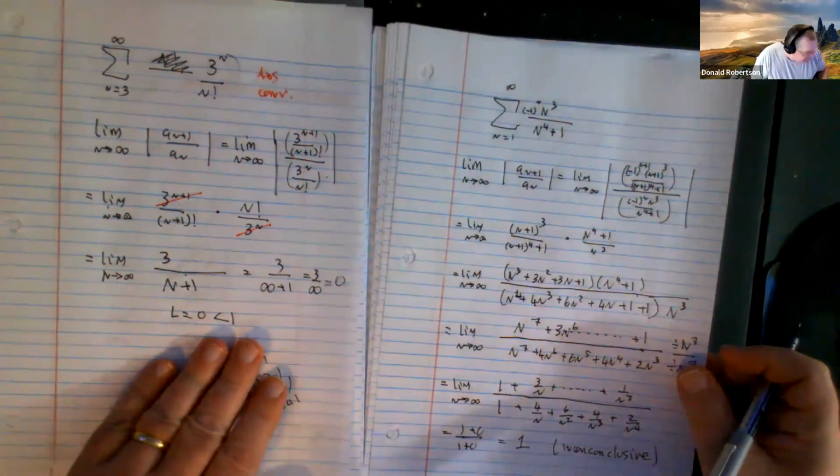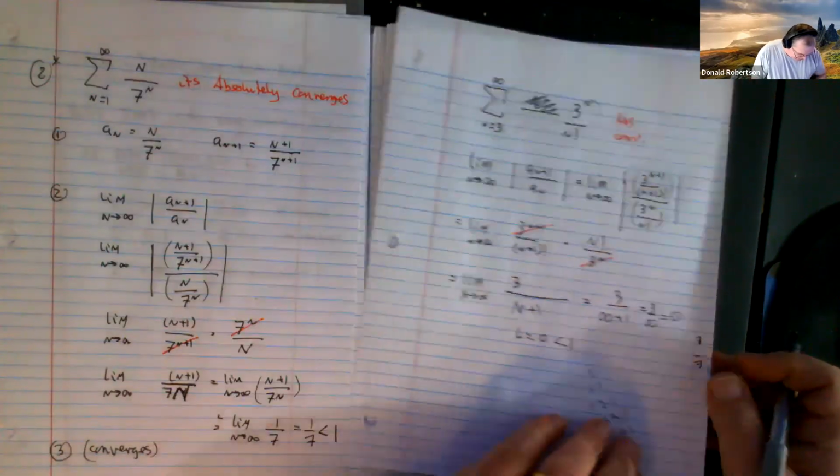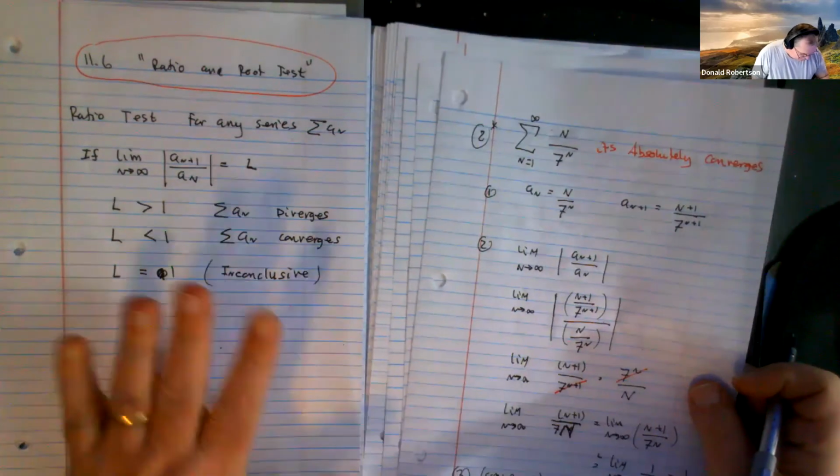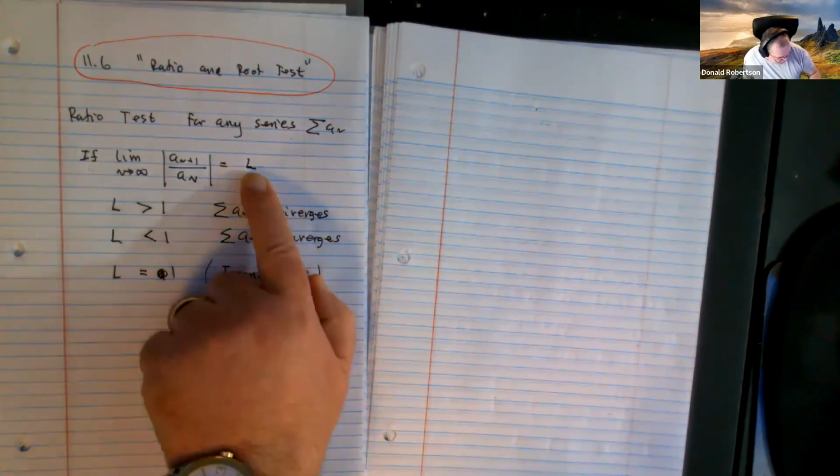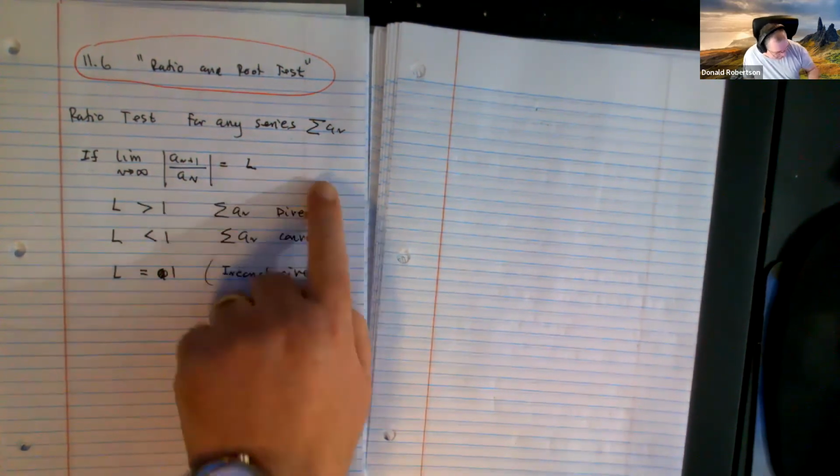So we basically covered, I'm going to do more of these, but we basically covered the 3 situations, haven't we? If you get a limit L, if this is a number and it's bigger than 1, it diverges. If this is a number that's smaller than 1, it absolutely converges.